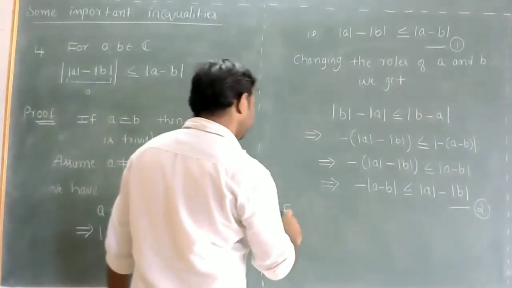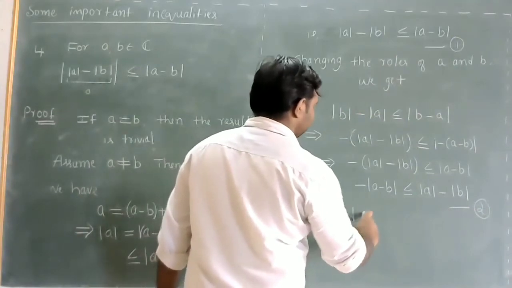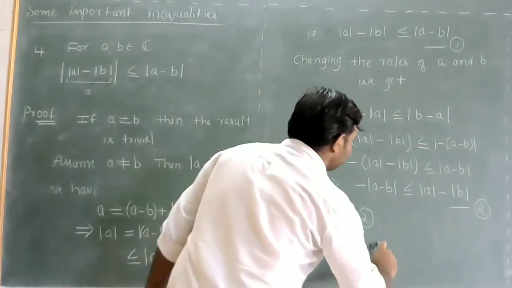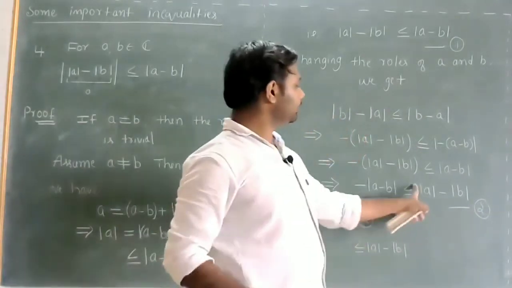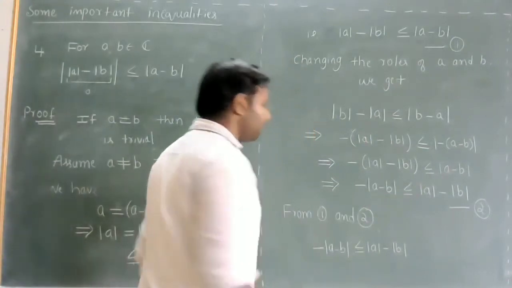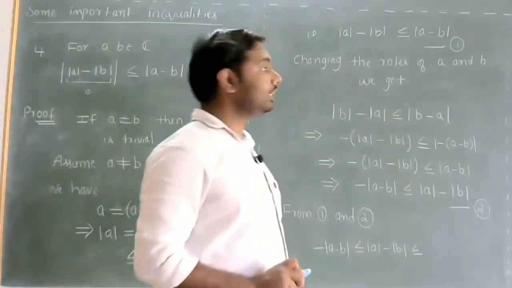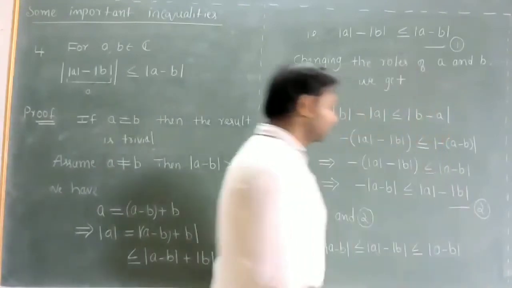From 1 and 2, what we have? Modulus of A minus modulus of B is first of all greater than or equal to minus of modulus of A minus B and less than or equal to modulus of A minus B. So what that means?